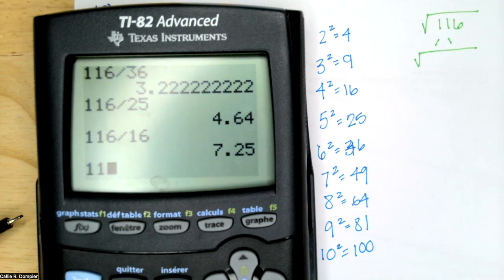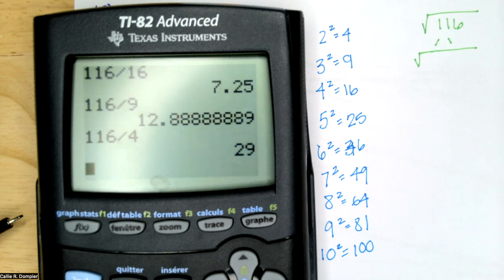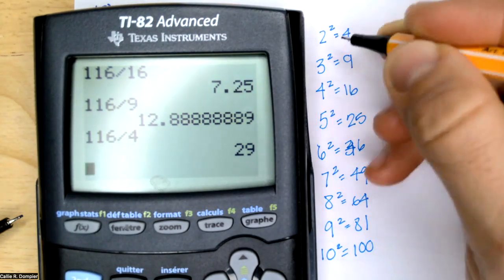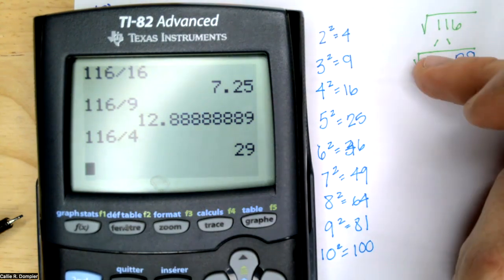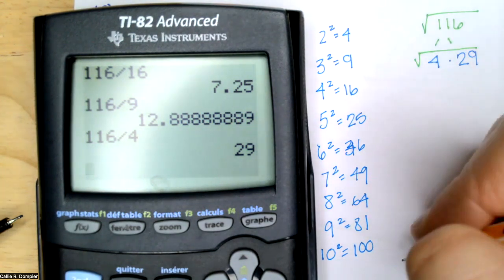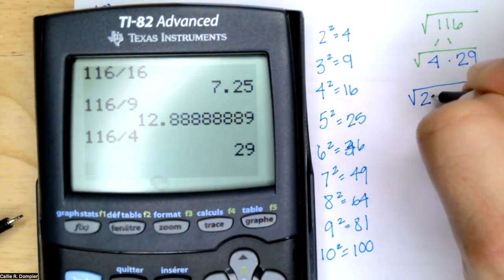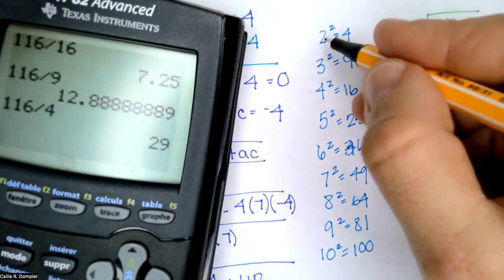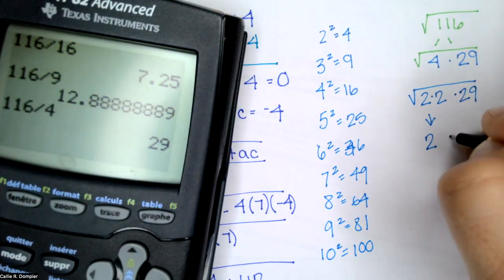No. 9. No. So it turns out it was 4. It's only 4. It's 4 times 29. That does look tedious, but that's going to give you the fastest pairing because I could have, right? So I did all of that so that I could find 4. 4 is 2 times 2, right? So that comes out as 2. 4 is 2 squared. Square root 29.